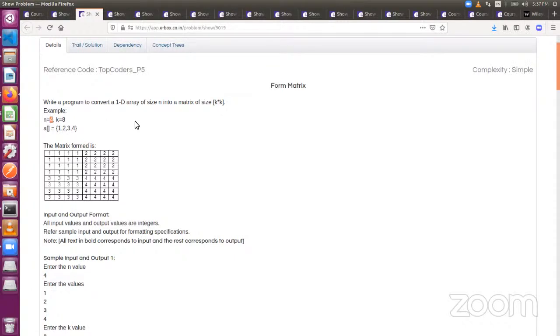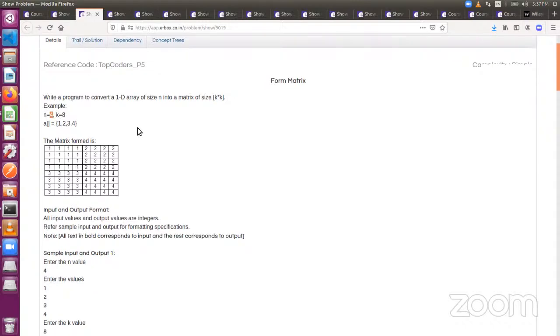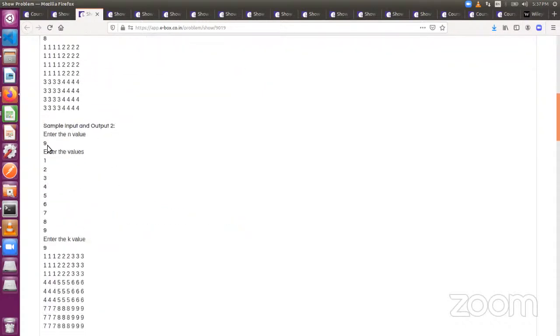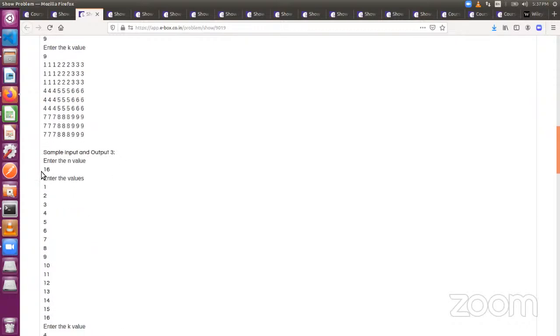It is 2, right? So using 4 elements, we can form a 2 cross 2 matrix. Likewise, here if you see, n is 9. Square root of 9 is what? 3. So using 9 elements, you can form a 3 cross 3 matrix. Here also 16 elements are there. Square root of 16 is 4. So you can form a 4 cross 4 matrix.